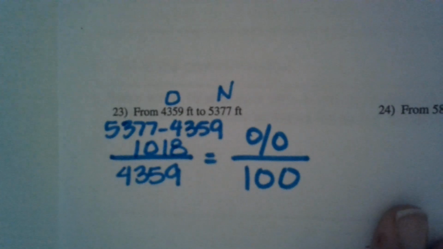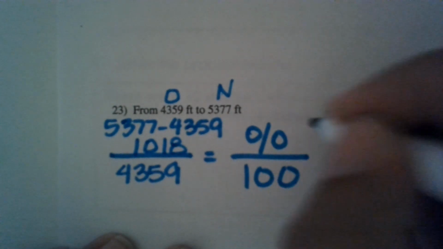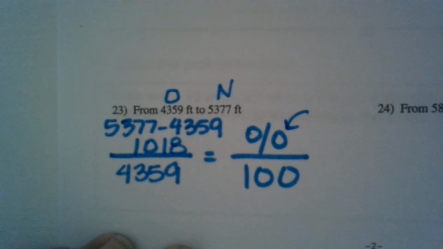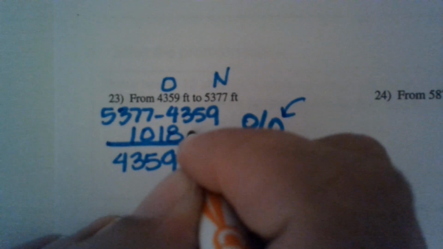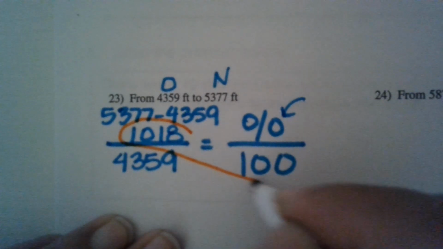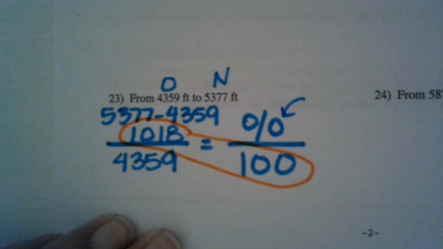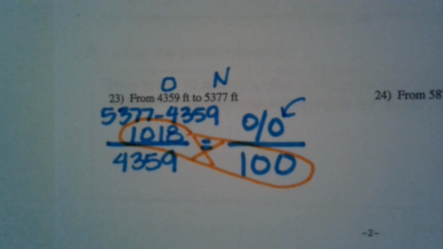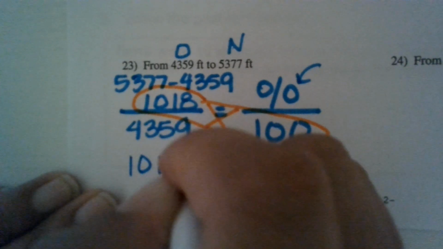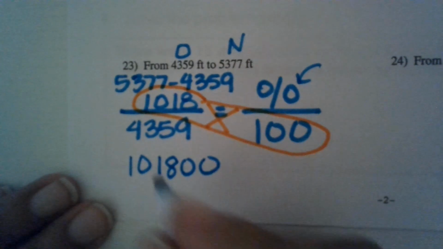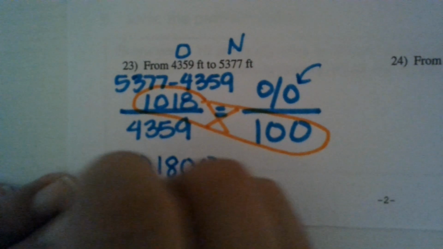I still need to solve for the percent. I don't have it. So we're going to solve this proportion. Well, how do we do that? Cross multiply. So you're going to multiply the two numbers that are diagonal from each other. So of course, 1,018 times 100 gives me 101,800.